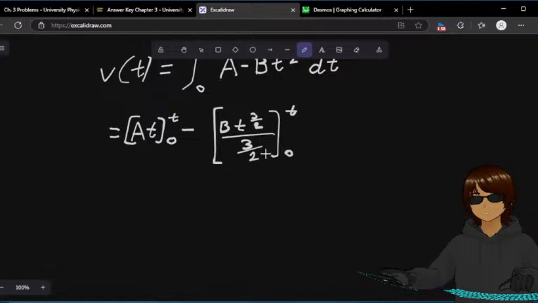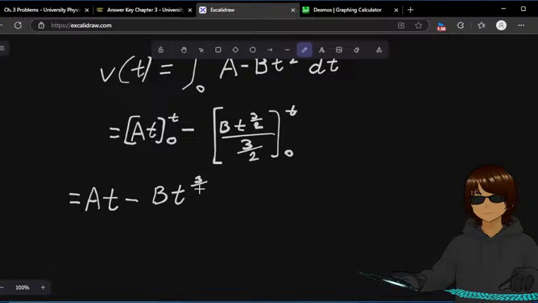So this is just a t. The 0 part will cancel out and then we are left with 2 times this divided by 3.